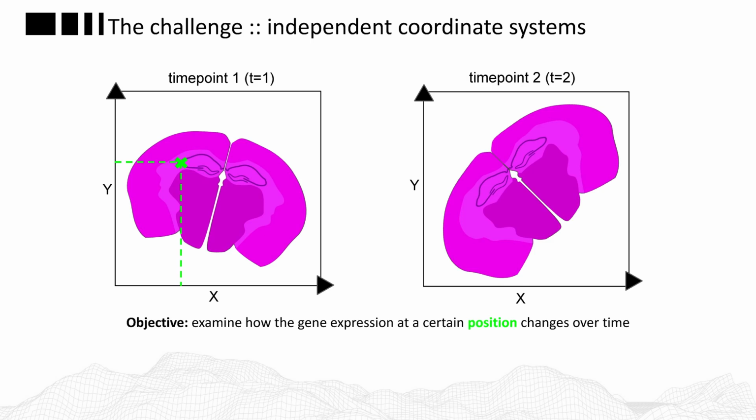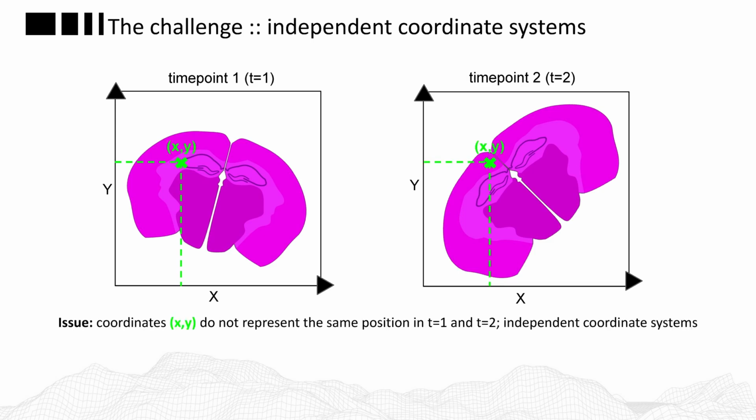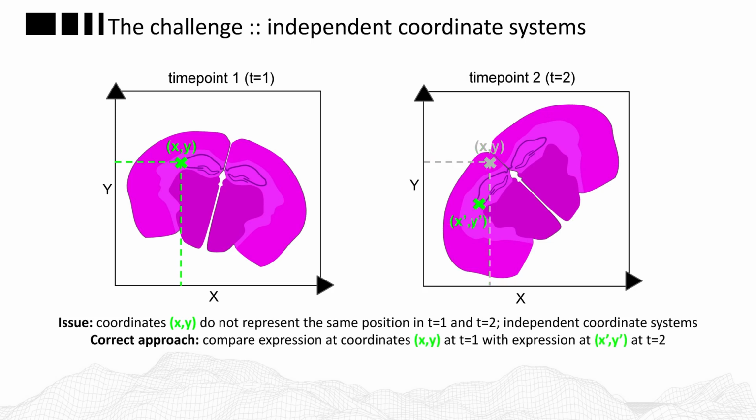As you can see, the issue is that the coordinates x and y don't represent the same position in time point 1 as in time point 2, because we have two independent coordinate systems. The correct approach would be to compare the expression at coordinates x and y at time point 1 with the expression at coordinates x prime and y prime at time point 2.